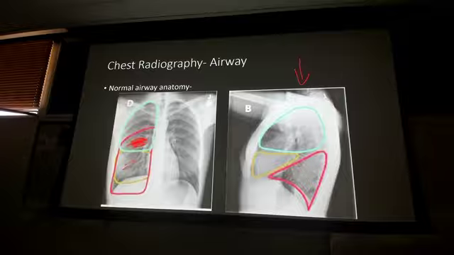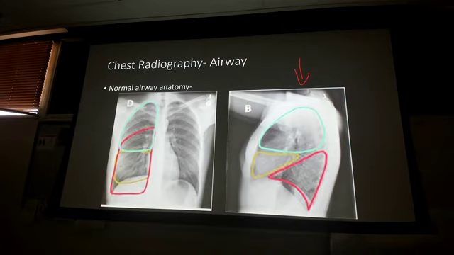Or if it's down here, middle lobe. This is also where your fissure lines are going to be. So fissure 1, and then the other fissure comes down this way. It's weird, the lateral position of the lobes compared with the PA.